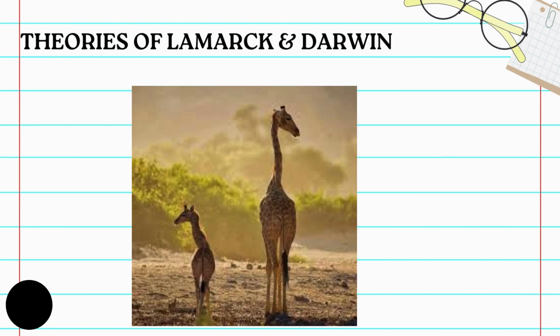If they are even able to have babies, they're weaker, they're not getting nourishment because they have short necks. So what will happen over time is the short-necked giraffes start to disappear, and there are more long-necked giraffes, or only long-necked giraffes now, because of that natural selection.